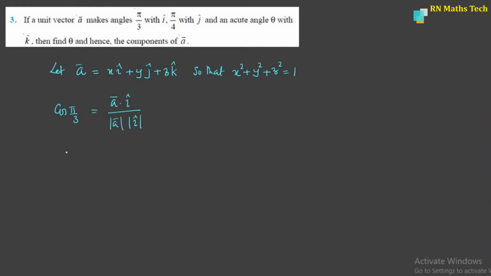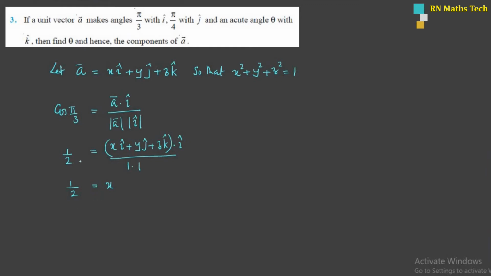Cos pi by 3, cos 60 is 1 by 2. 1 by 2 is equal to A bar, that is xi plus yj plus zk dot i cap, divided by modulus of A bar is 1 and modulus of i cap is also 1. So x into i dot i is 1, j dot i 0, k dot i 0. So x is equal to half.